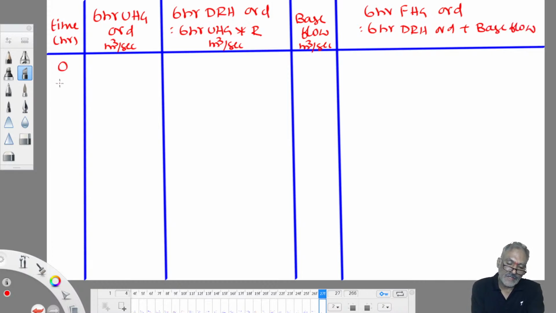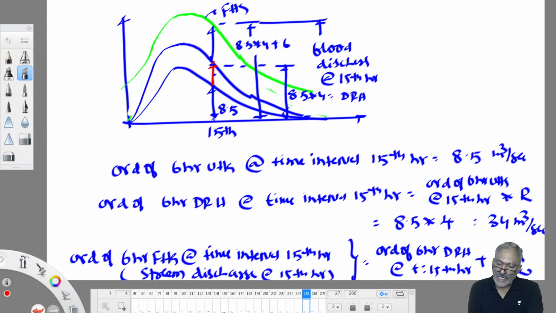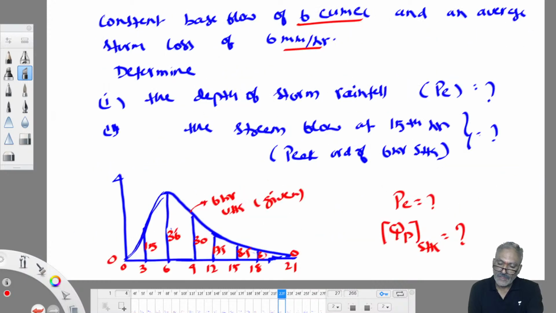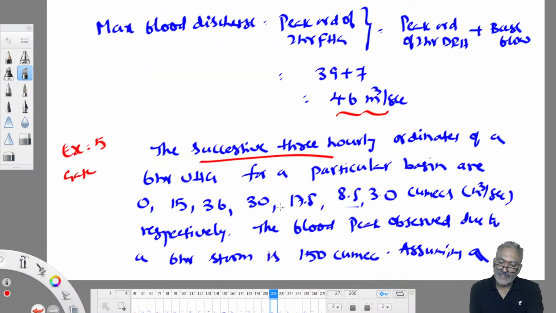Successive 3-hour time intervals 0, 3, 6, 9, 12, 15, 18, like that, ordinates are given to you. Every 3-hour time interval, one ordinate is given in the question. 0 is not given, last ordinate is not given.